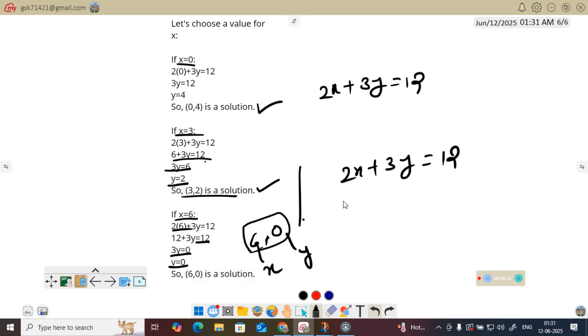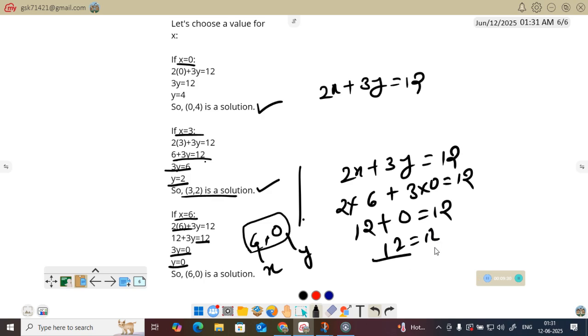So 2 into 6 plus 3 into 0. 6 twos are 12, 3 into 0 is 0, equal to 12. 12 equal to 12. Of course, this is right. Left hand side equal to right hand side. It means the given value for the equation 2x plus 3y is right.